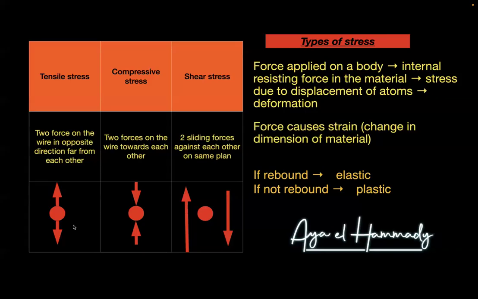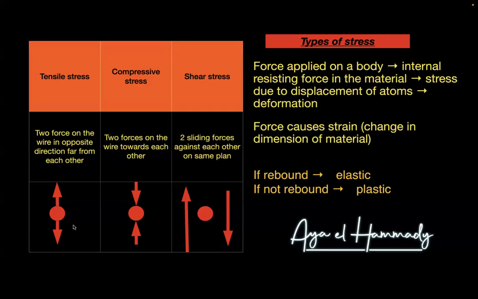What about compressive? A body in the middle, and me and Rahim are giving an amount of force in the same direction. If I only have 50 grams of force in my hand, and Rahim has 50 grams of force, and I alone hit this ball with 50 grams, it will move a little bit.